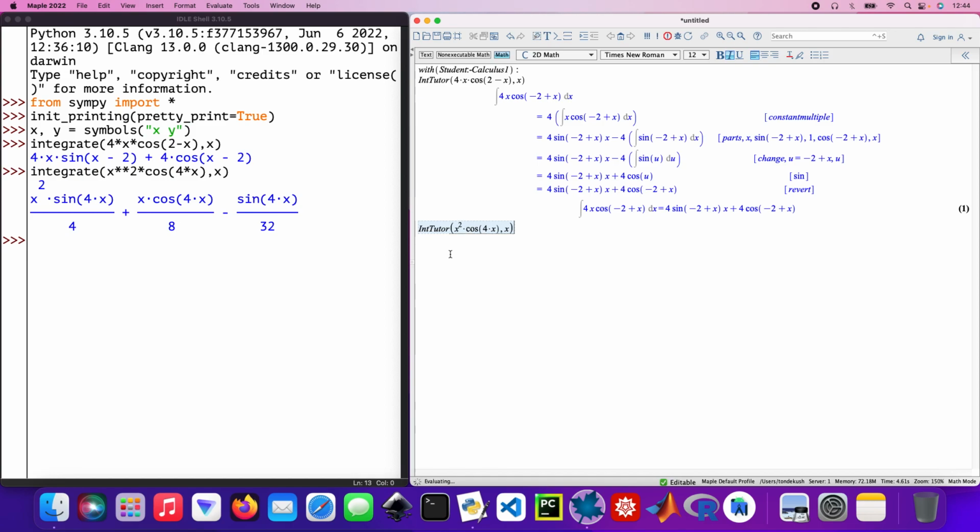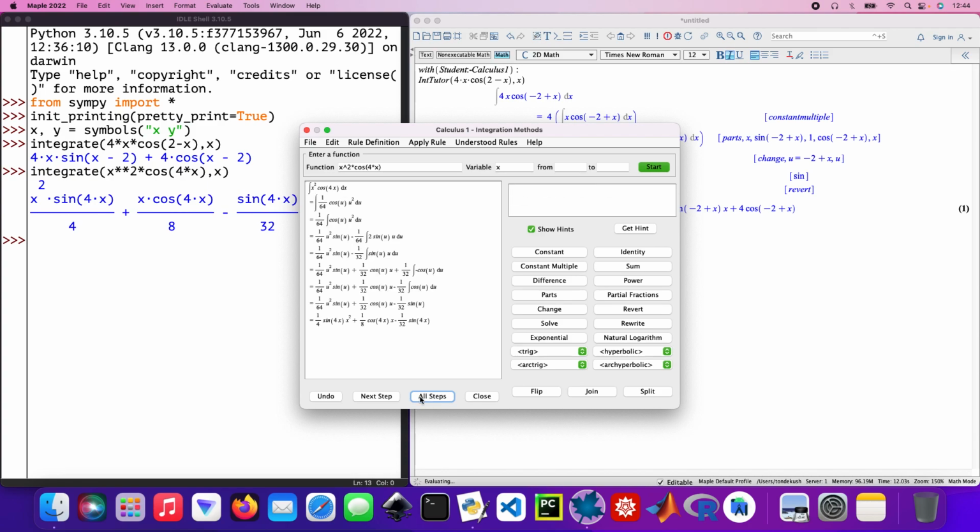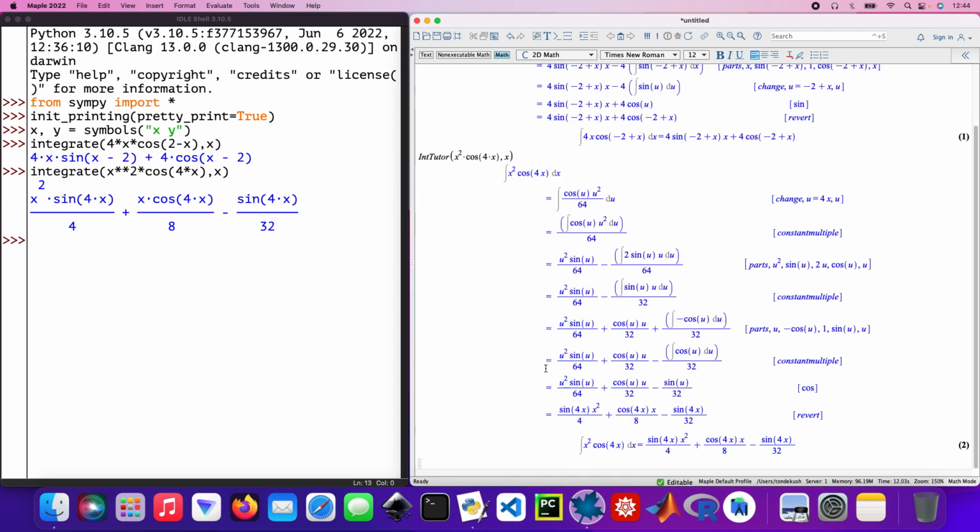So it's evaluating that for us. Okay, so all the steps. When you click on close, it imports all that into our worksheet. If you just close that, it won't do anything. So then you can see all the steps to our integral. They're the same answers.